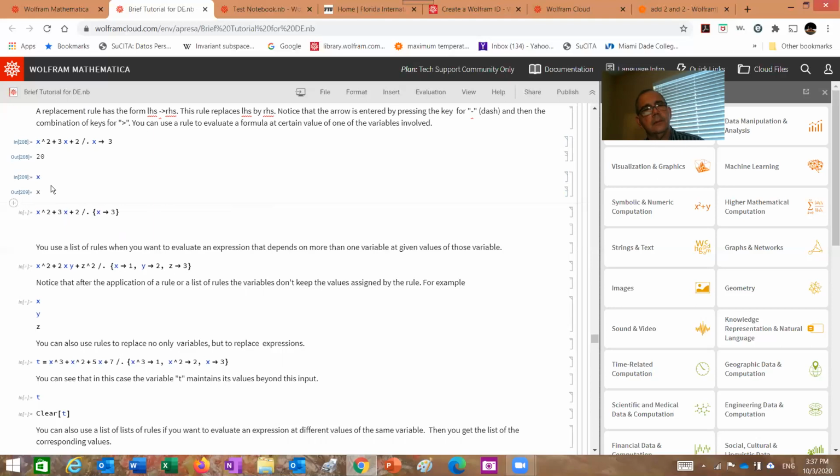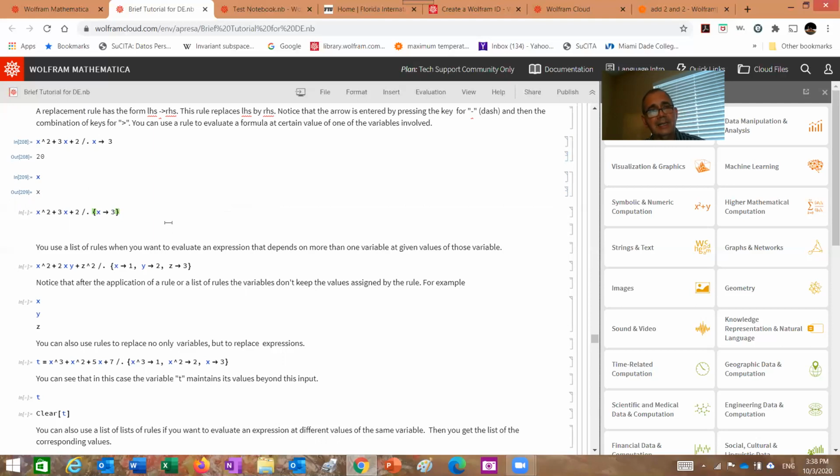Now, the rules can also be inside braces, because you can use a list of rules applied to an expression at the same time. That's why it makes sense to have a list of rules here, but in this case the list has only one rule.